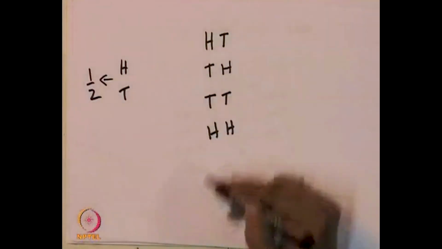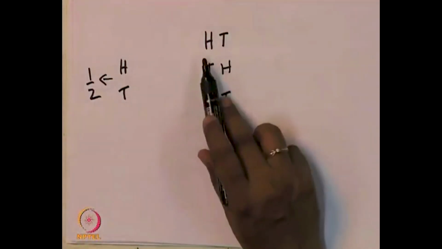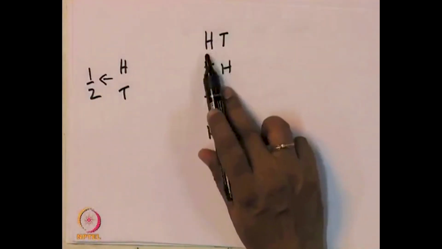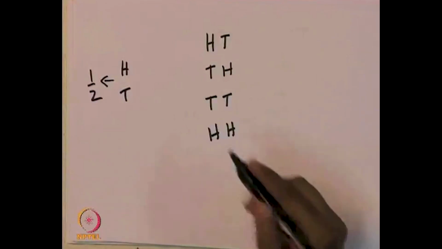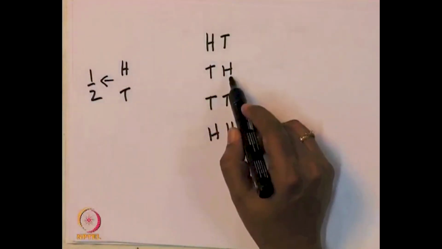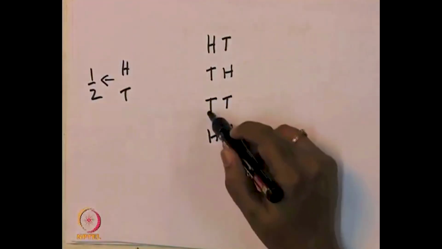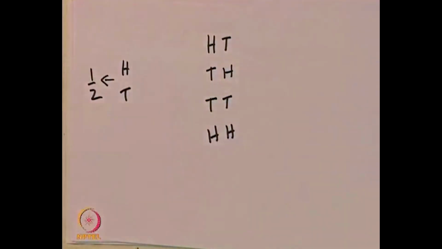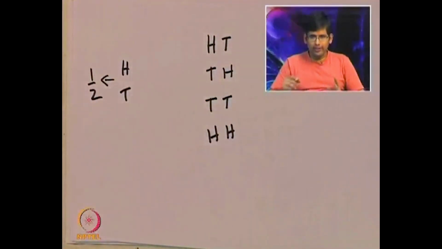Here there are 4 possible events because we are tossing it 2 times. If I toss it 2 times, I might get H followed by T. Sometimes you might get the first one as tail and the second one as head. Somebody else might get T and somebody else might get H. So, we have 4 events and all 4 are equally likely.